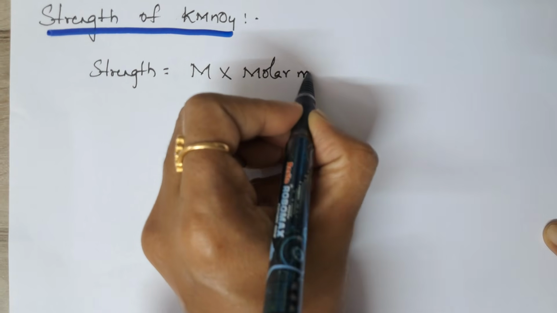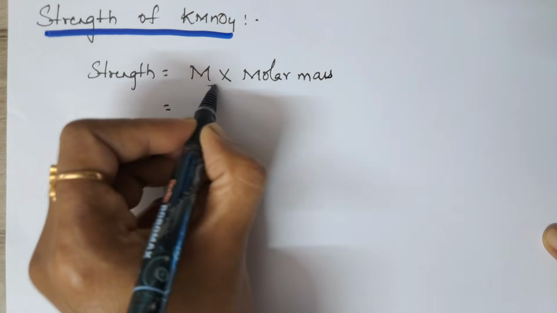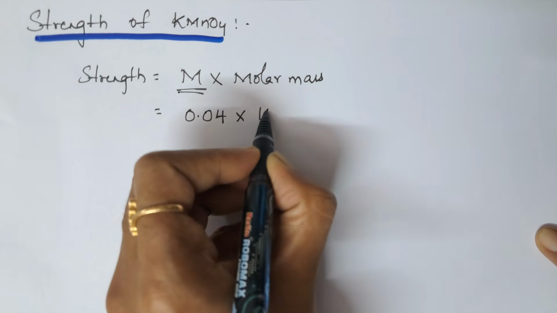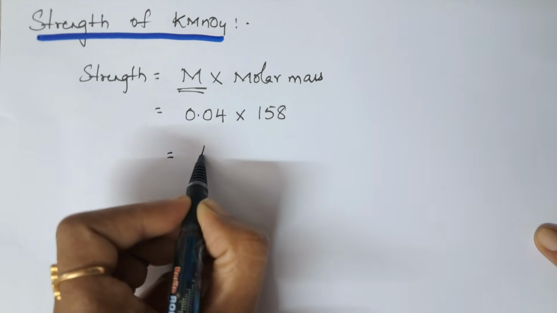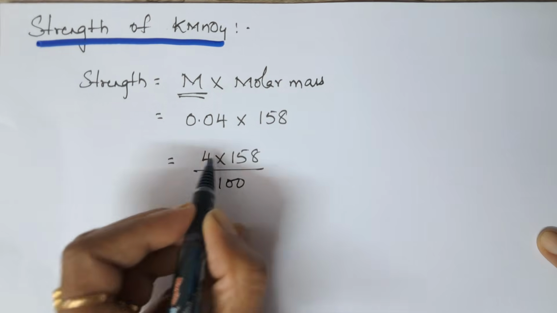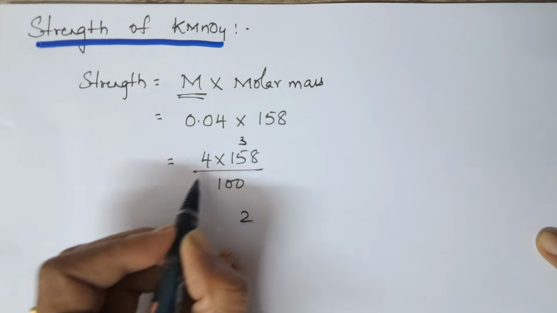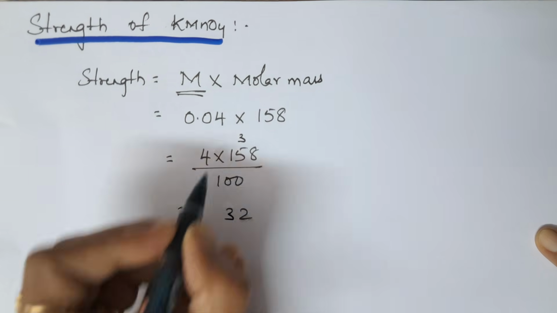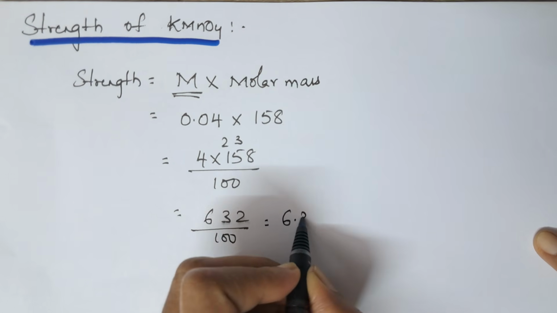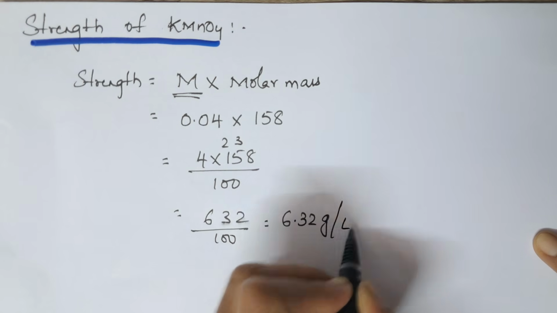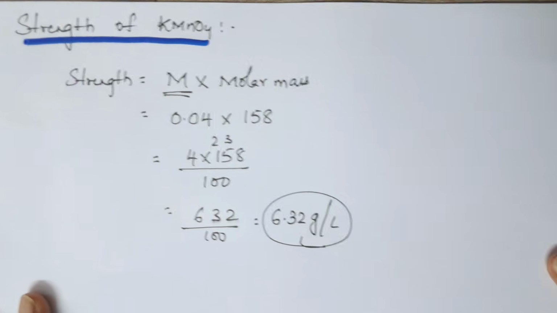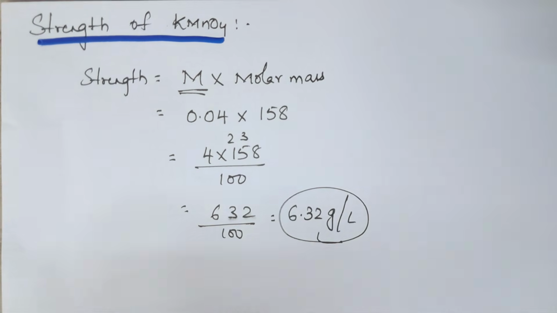We got molarity 0.04, and the molar mass of KMnO4 is 158. So 4 into 158 divided by 100 gives 6.32 grams per liter. This is your answer, students. Your calculation part is done.